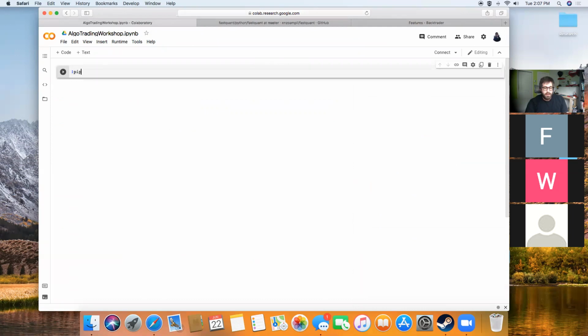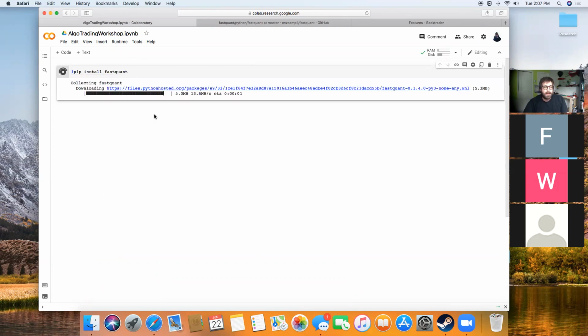In a Jupyter notebook, if you want to run a command line instruction, you can start it with an exclamation mark. So I'm going to pip install FastQuant. The first time you run this, after it installs everything, it will ask you to restart the runtime.